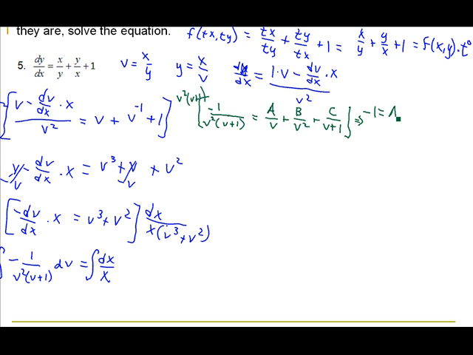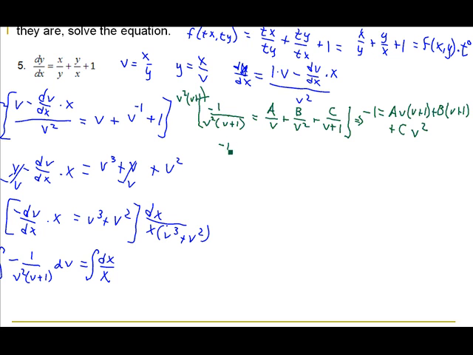On the right side I get a times, here one of the v's cancel, I'm still left with a v plus 1, okay, and then plus b, both v squareds cancel and I get v plus 1, plus c, and the v plus 1 cancels to leave me with v squared.